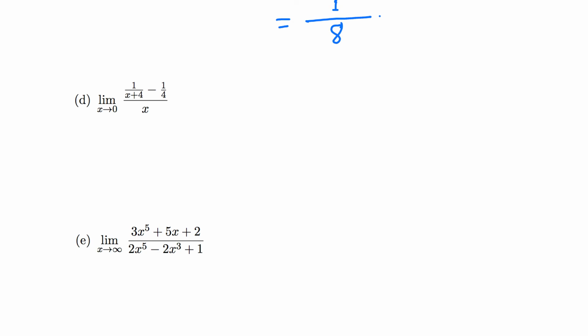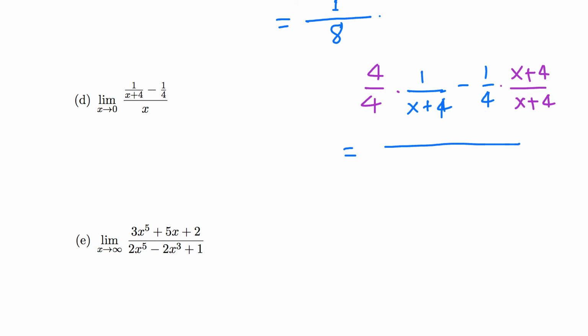In part D, we have a complex fraction on the top, so let me combine these two over here. 1 over x plus 4 minus 1 over 4. So to add or subtract two fractions, we have to make a common denominator. We multiply the first fraction by 4 over 4, the second by x plus 4 over x plus 4.